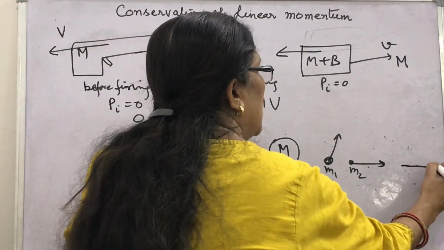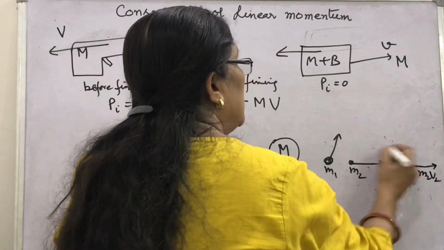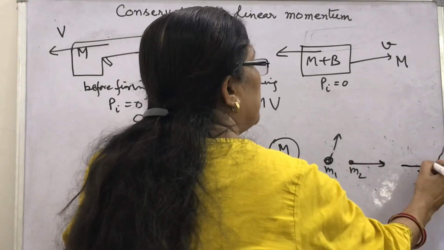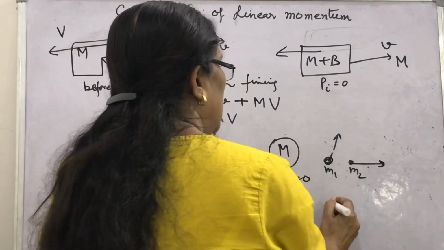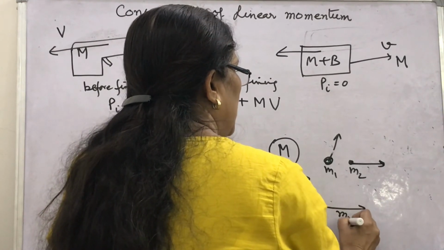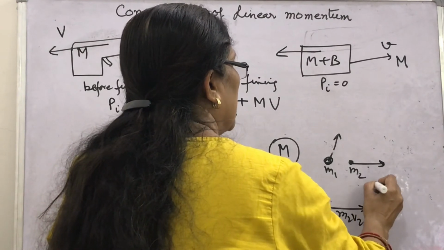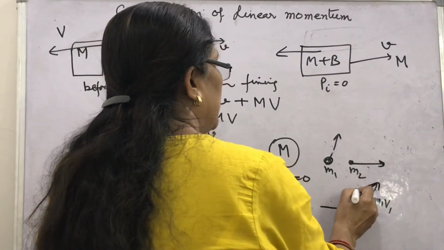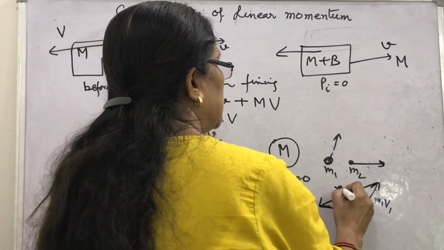This is the m2 v2. You will draw in the same direction parallel to this. So I am drawing here the resultant. How will you find? This will be m2 v2 and this will be m1 v1 and this will be the velocity of the last fragment.